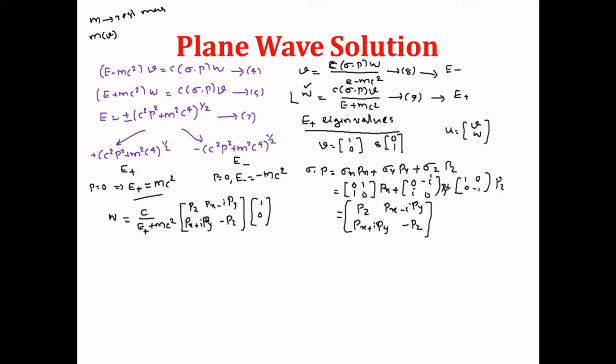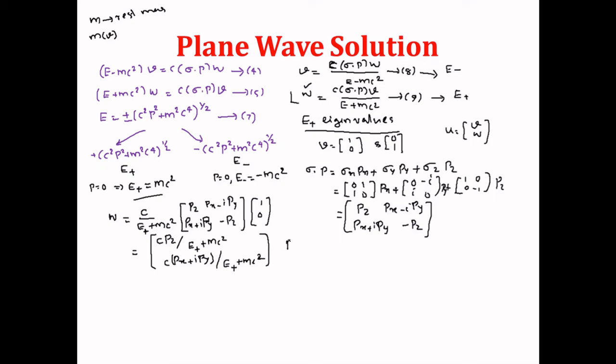Now you have to multiply these two matrices, first row into first column. The only existing element will become Pz. Similarly, in the next row, the only existing element will be Px plus iPy. So you will get C Pz by (E plus plus mc²), and C (Px plus iPy) by (E plus plus mc²). So it is a column vector having two entries.